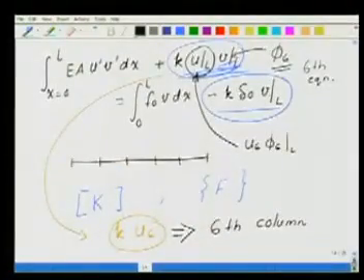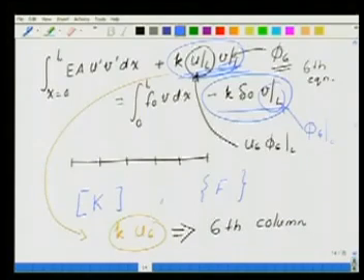Second thing, let's see as far as the load. So now this term looks very much like what we have handled as far as the load is concerned. So this is very easy, because V at L is only non-zero for phi 6. So this minus k delta 0 goes to the 6th load vector. So let us do that.